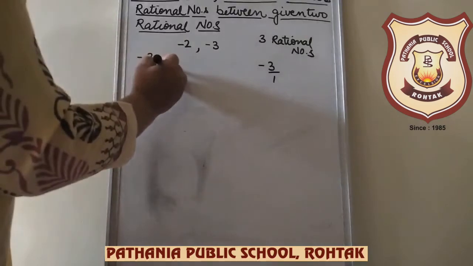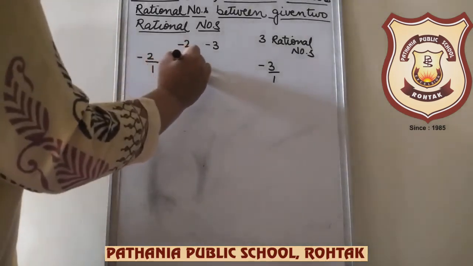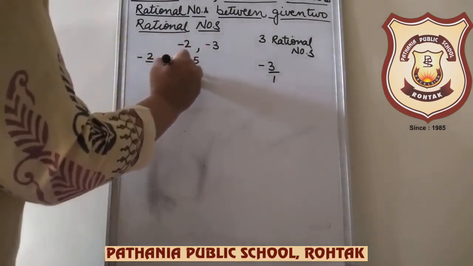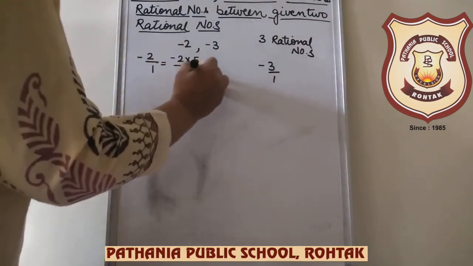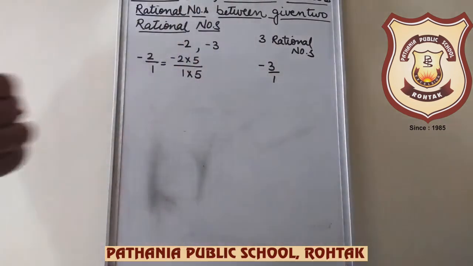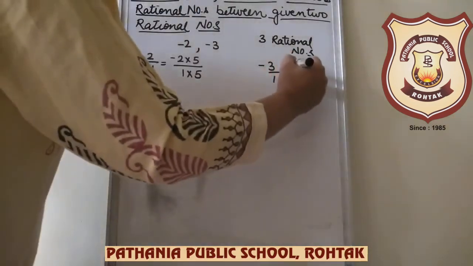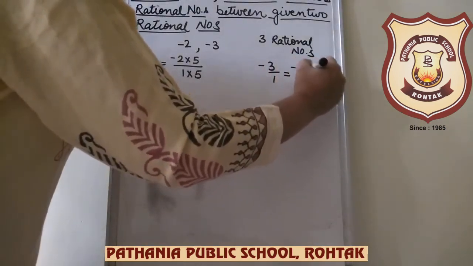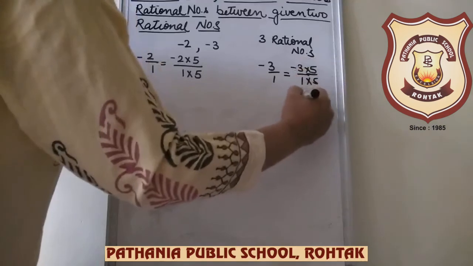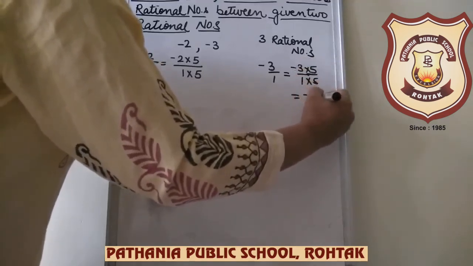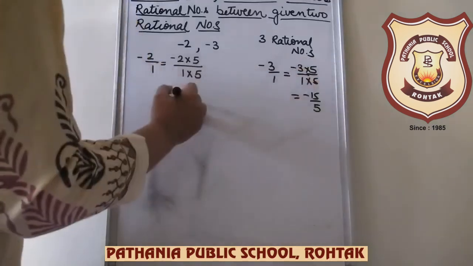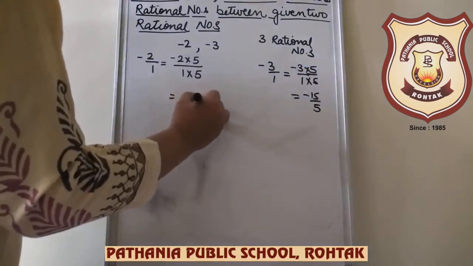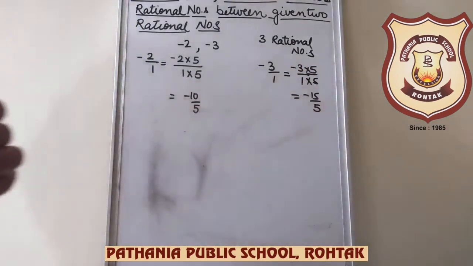So what you will do? Just multiply the numerator and denominator with 5. Multiplied by 5. Multiplied by 5. So this becomes -15 upon 5 and this becomes -10 upon 5. Okay.